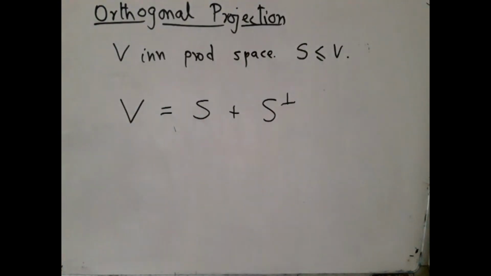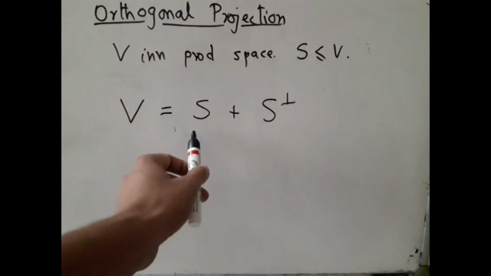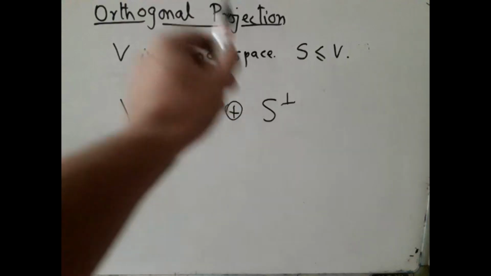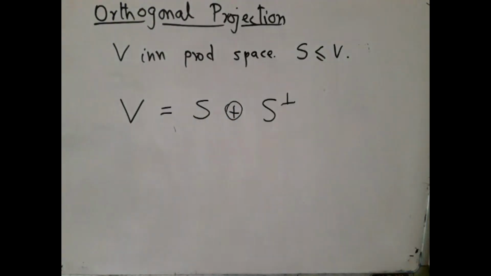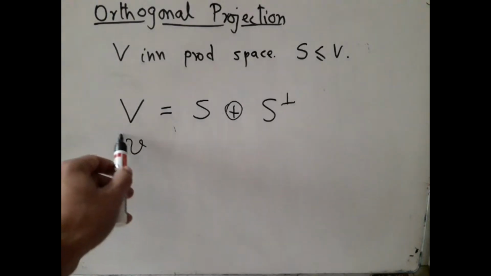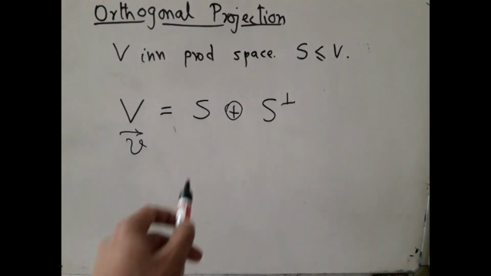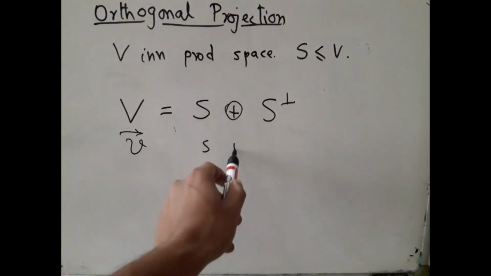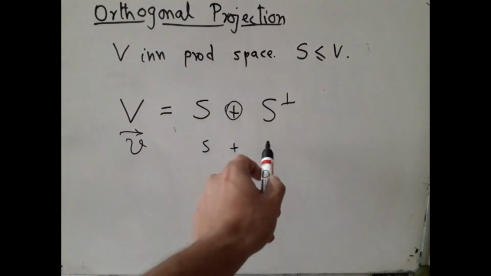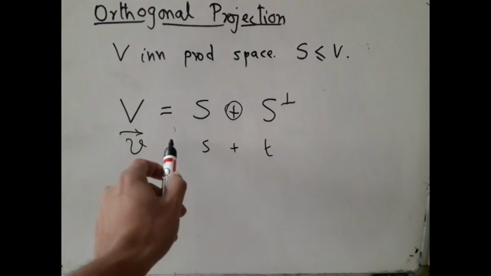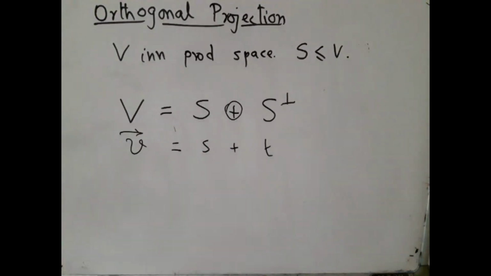In fact, we also know that these two things form a direct sum, so sometimes people will write this, meaning that these two things have intersection just the null vector. Whenever this happens, we can write any vector V in V uniquely as two vectors, this and suppose I call it T. And these S and T are unique.